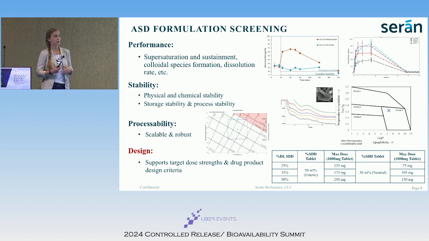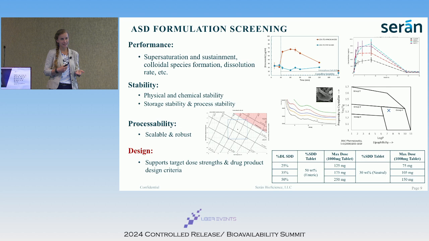And one of the things that's important when we think about selecting our optimal formulation in an ASD screen is that it's not just the amount of drug that's in the SDD. It's also what SDD formulation you're selecting, what polymer you're using. Part of this is because when it comes to a tablet or a capsule formulation, enteric polymers have less of a tendency to gel, which means it is easier to put higher amounts of SDD in the tablet.